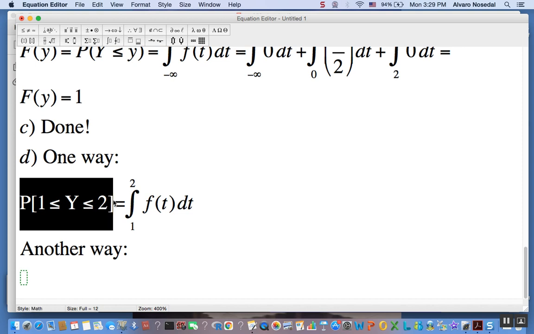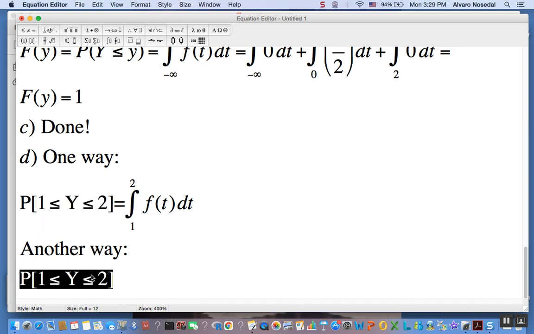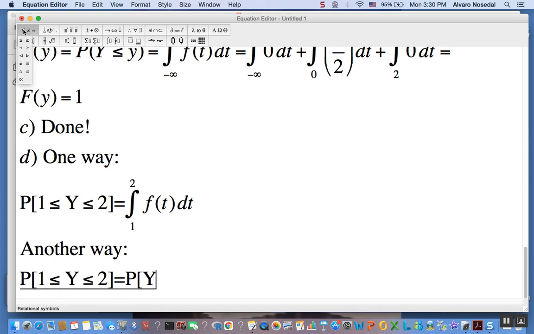The probability that y is between 1 and 2, we could rewrite like this: the probability that y is less than or equal to 2 minus the probability that y is strictly less than 1.